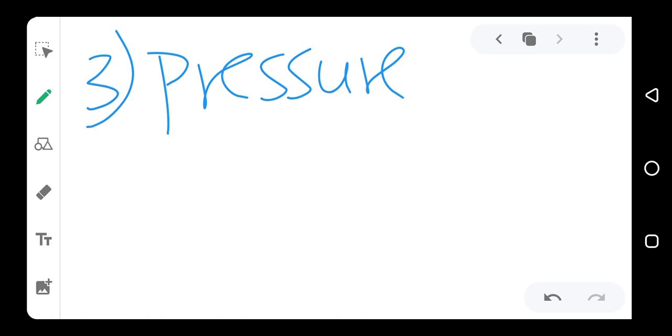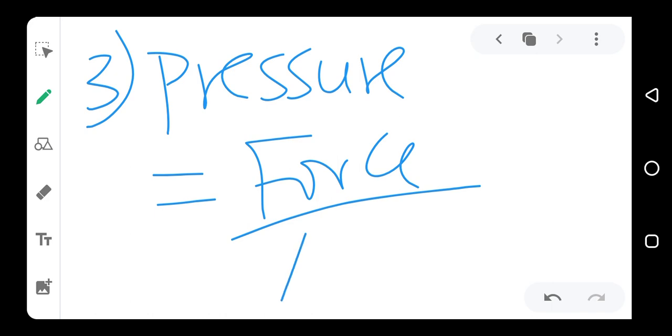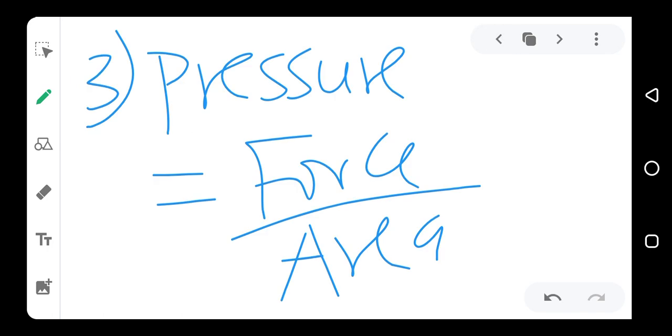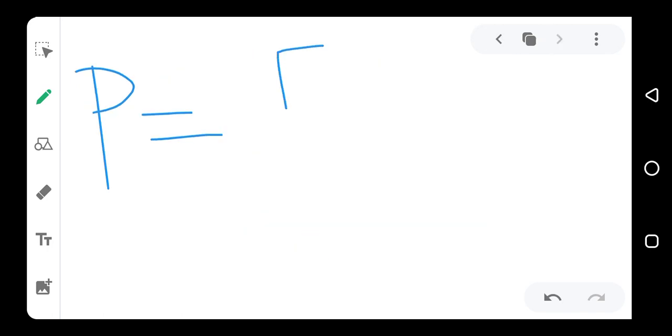So we have pressure equal to force over area, and so we have that pressure, which we can represent with P, is equal to force, which we can represent with F, over area, which we can represent with A.